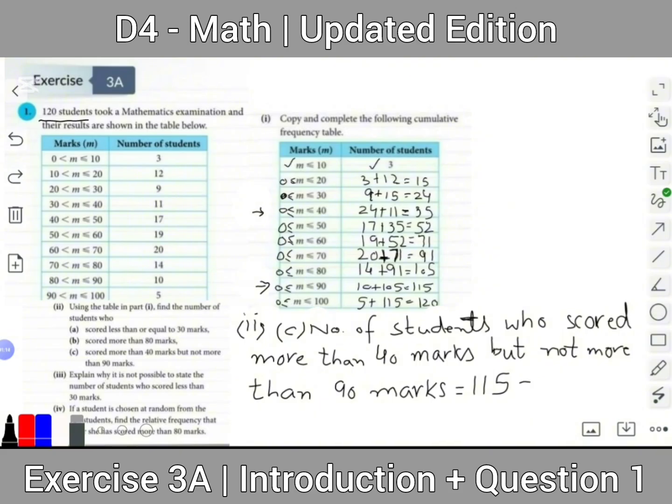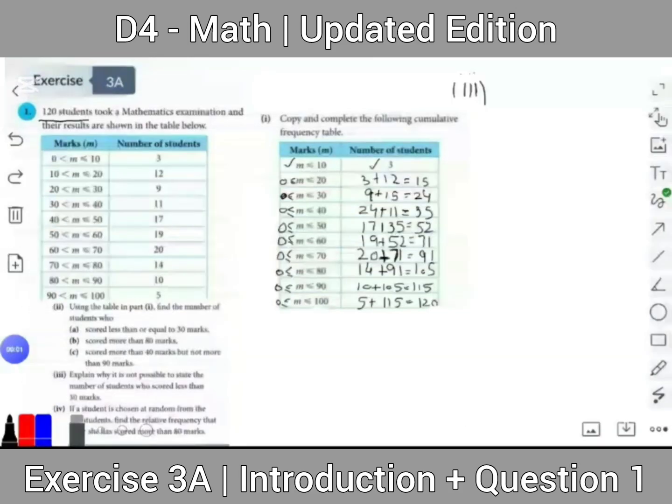Take away the number of students who scored less than or equal to 40 marks, and that has the frequency 35. So we write down here 35. 115 minus 35 is equal to 80. So the number of students who scored more than 40 marks but not more than 90 marks is equal to 115 minus 35, which is 80.